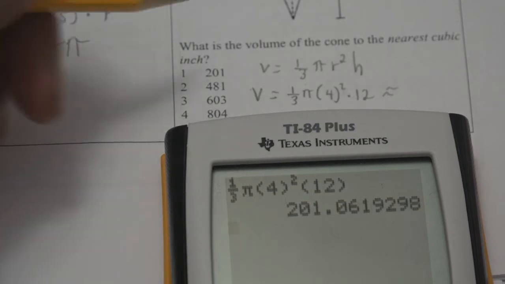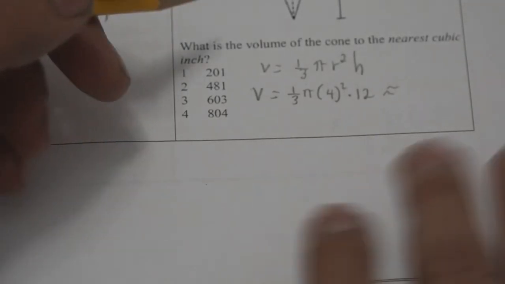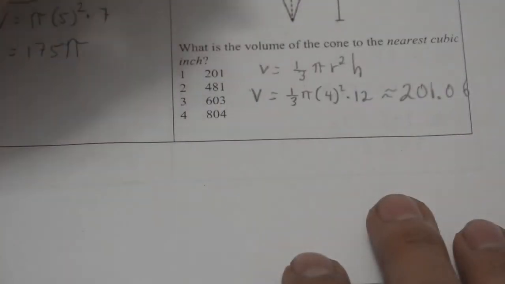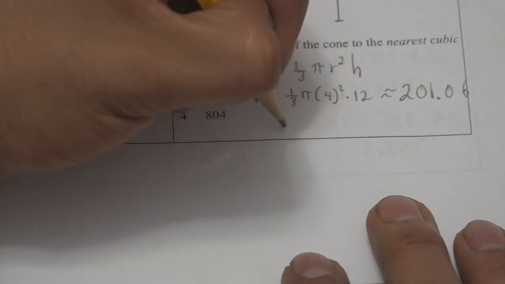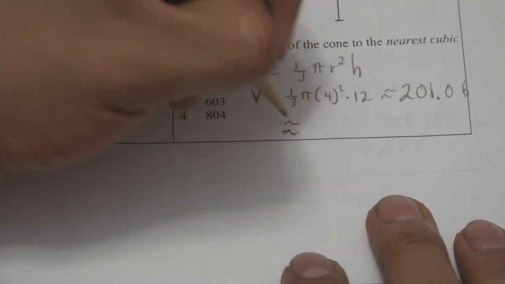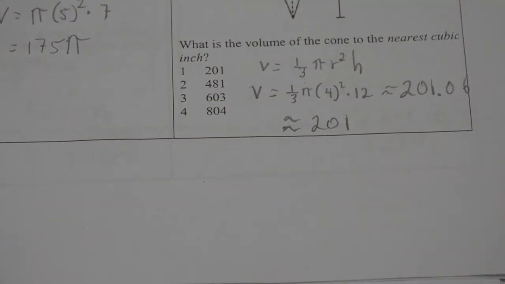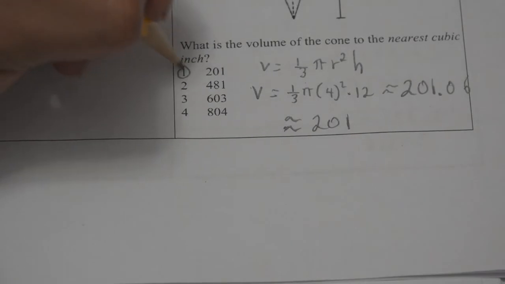You get 201.06. Now if we round to the nearest cubic inch, these little wavy things mean estimate, an estimate of 201, and there you have it. Answer, choice number 1.